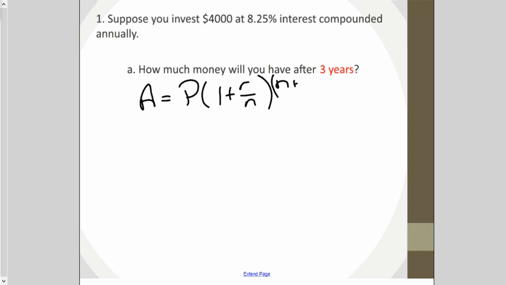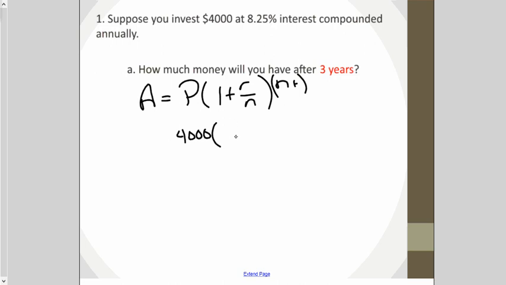And I would suggest that you just get in the habit of putting this in parentheses. If you have a nice calculator, whenever you go to put this up there, it might stick the whole thing up there and you don't need parentheses, but you probably want to use parentheses. You'll always get it right if you put it in parentheses, whereas if you don't, it just depends on your calculator.